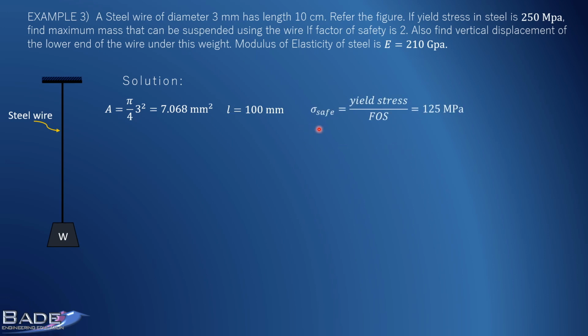So this is what safe stress is, yield stress divided by factor of safety, that is 125 megapascal, and Young's modulus is 2.1 into 10 raised to 5 Newton per millimeter square. So it's the same value in megapascal we have mentioned here.